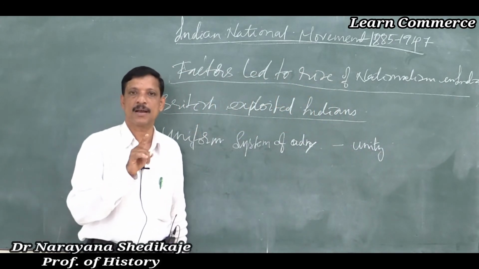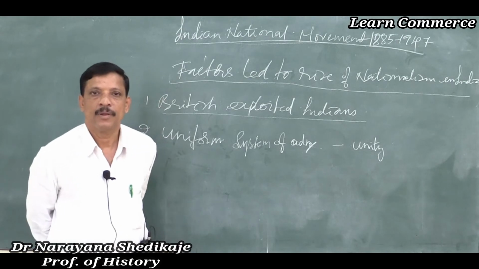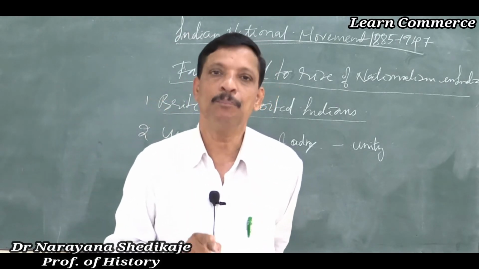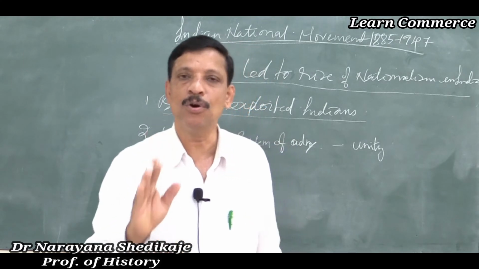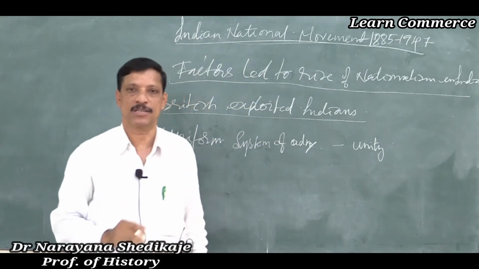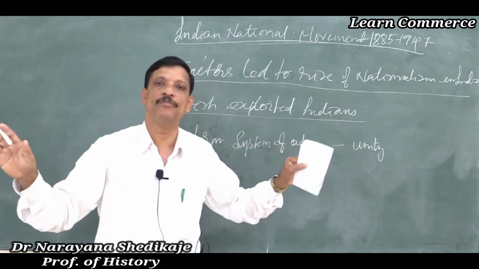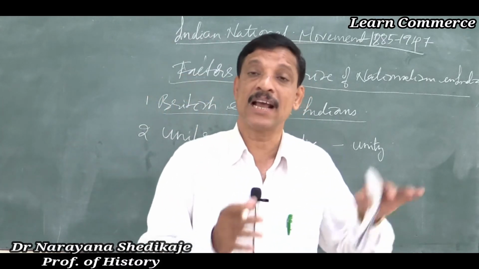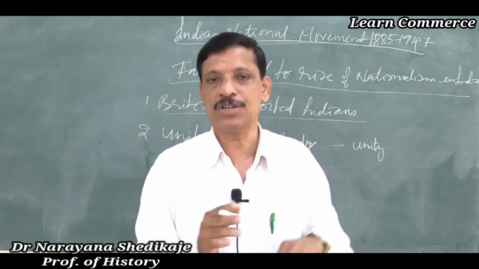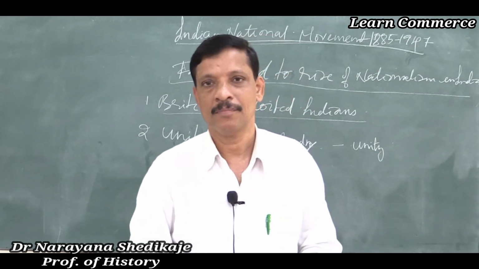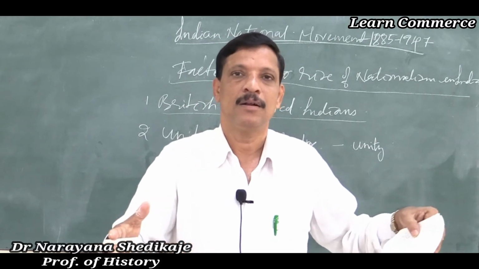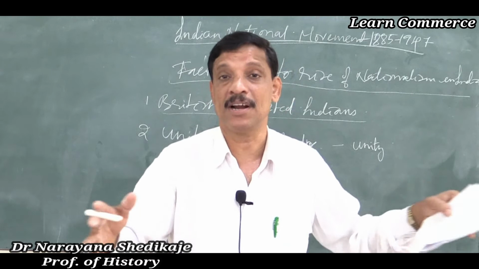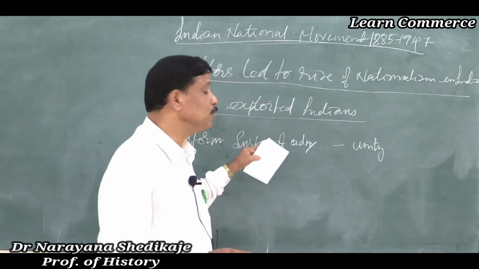Till the British came to India, there was no unity among the Indians, because India was ruled by different rulers in different parts of the country, and one ruler was against another ruler. He used to fight against another ruler. There was a battle between state and state, or kingdom and kingdom, and there was no unity.